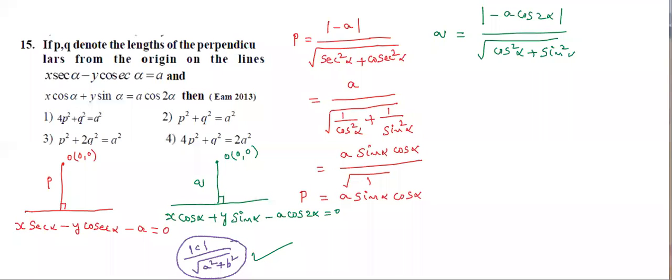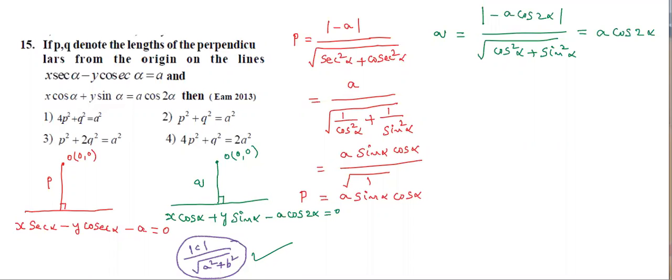Here students observe, the denominator cos square alpha plus sin square alpha, what is the value? 1, right? Root 1 is 1. Overall we get the q value as a cos 2 alpha.